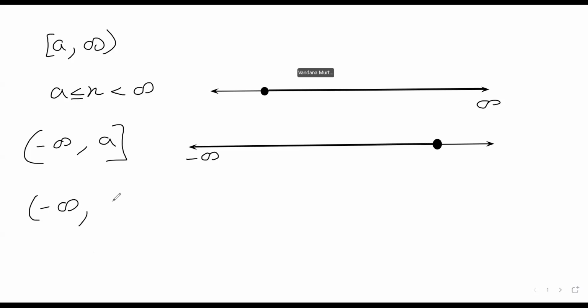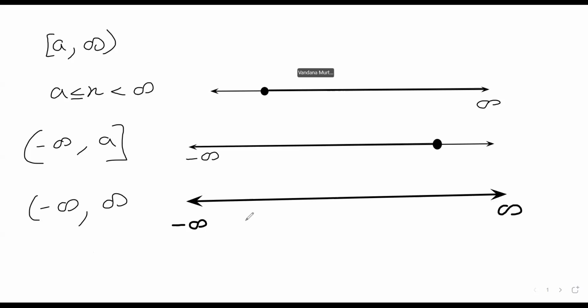Then is minus infinity to infinity. We just draw a darker frame. This is minus infinity to infinity. This will always remain open. See, wherever there is infinity, that part will always be open, because infinity cannot be described. Okay. So we can always write it down like this.